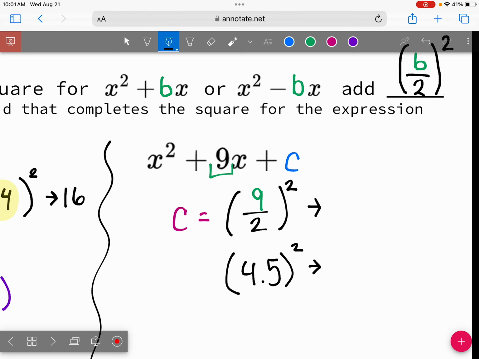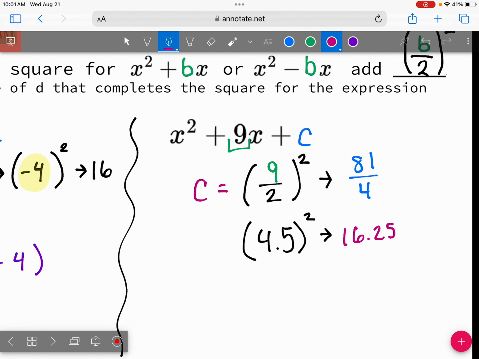Or if you do it as a fraction, it's going to be 9 squared, which is 81, over 2 squared, which is 4. And I'm 95% sure that you are actually right. Was there 16.25? Oh, no, not 16. 20.25.